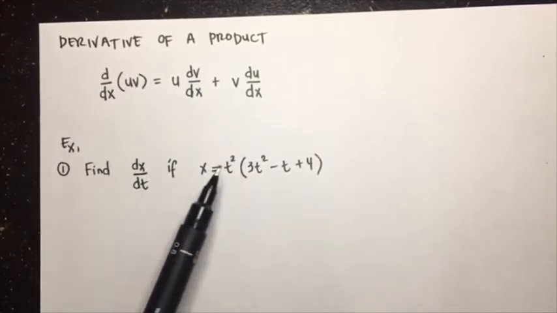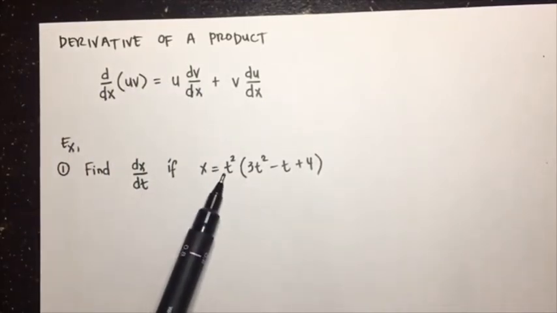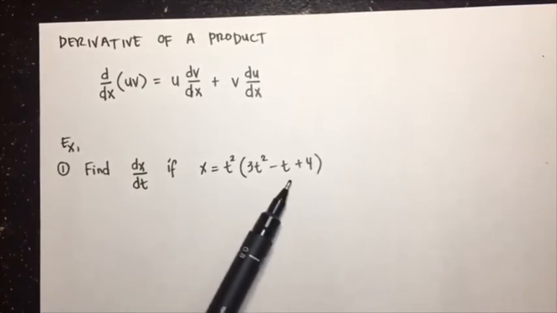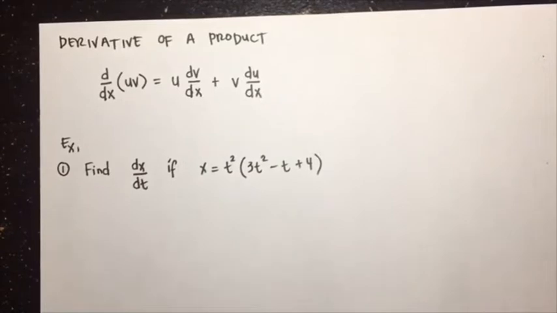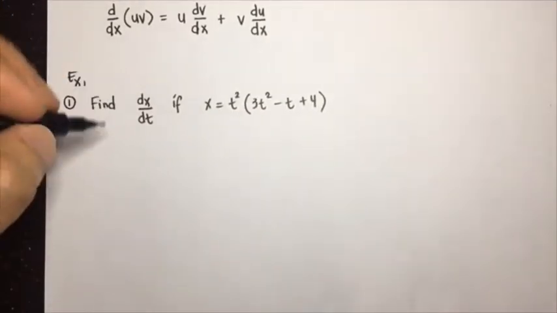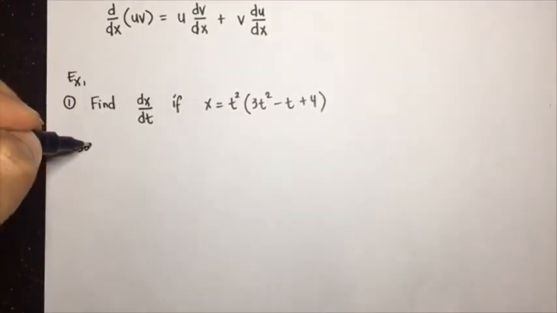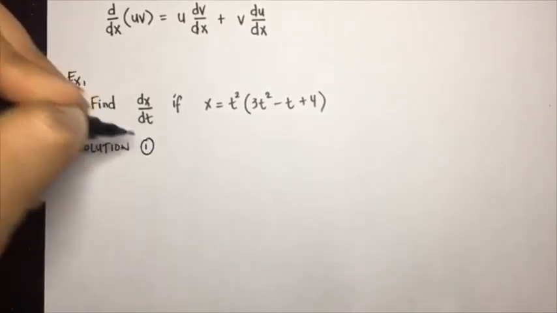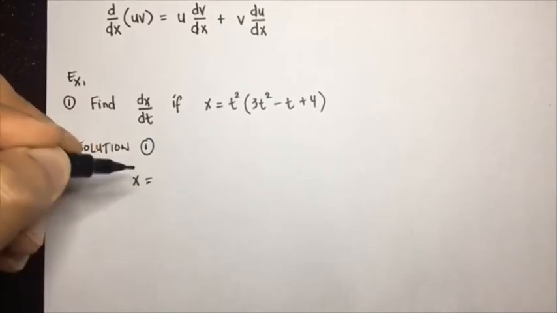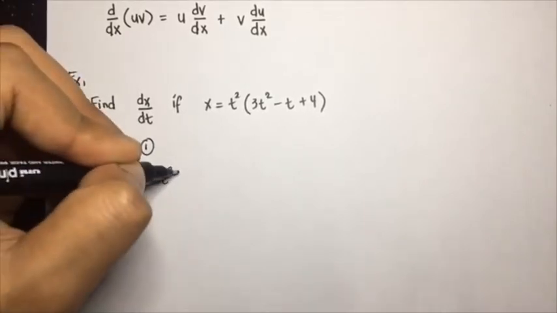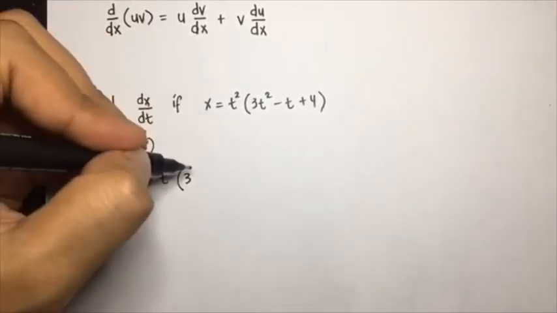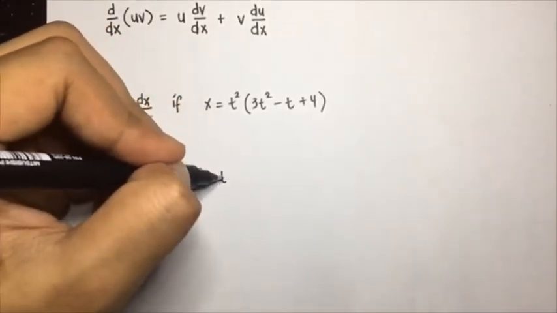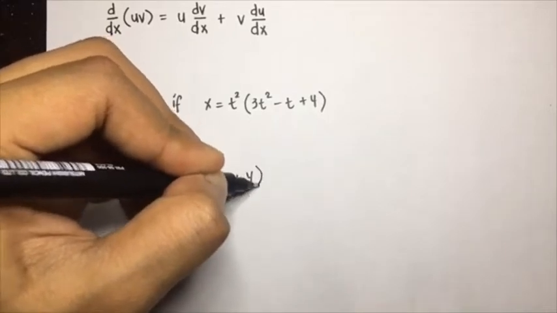For this problem we will be using both, and then we will compare the two answers. So solution 1, we will be using the distributive property. We have x is equal to t squared times 3t squared minus t plus 4.